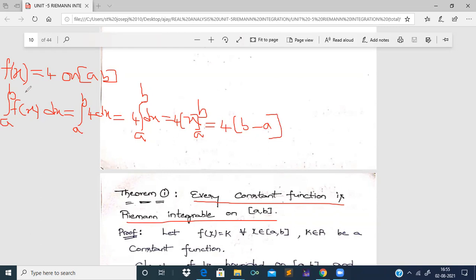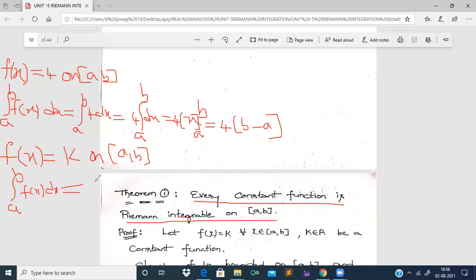In the same way, if we take f of x is equal to k on closed interval a comma b, then we get integral over a to b f of x dx equal to integral over a to b of k dx.